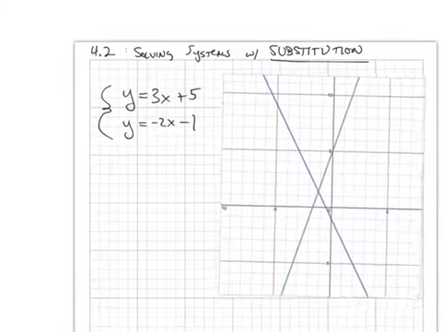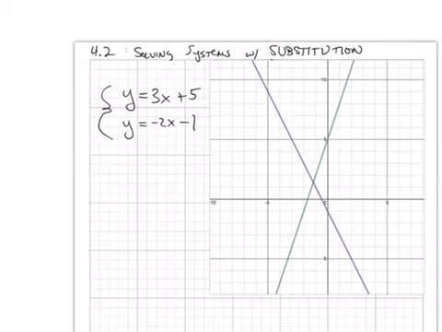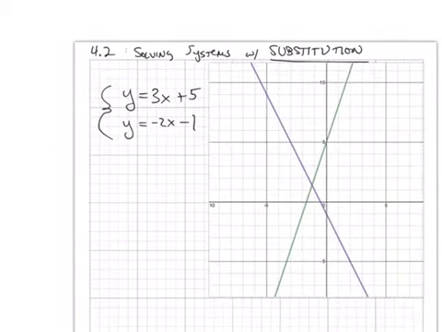So, taking a look here, in purple, I've got a negative slope, so that's y equals negative 2x minus 1.